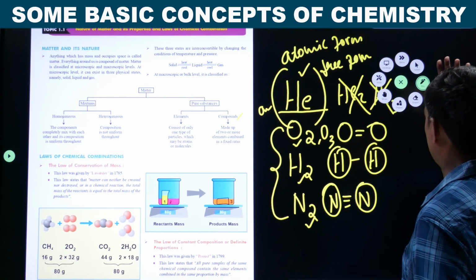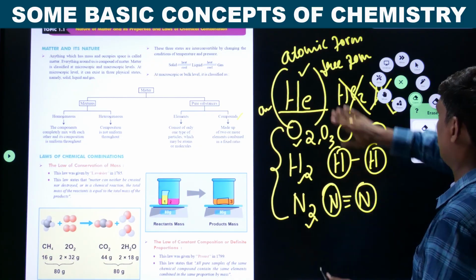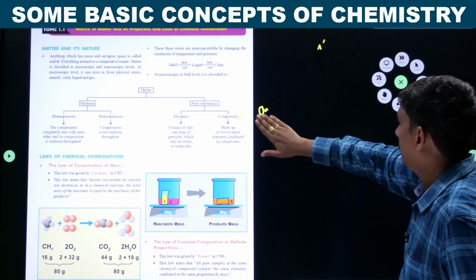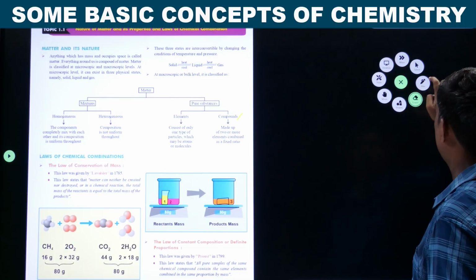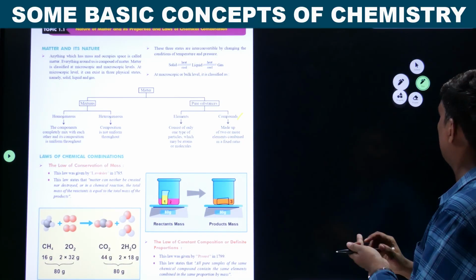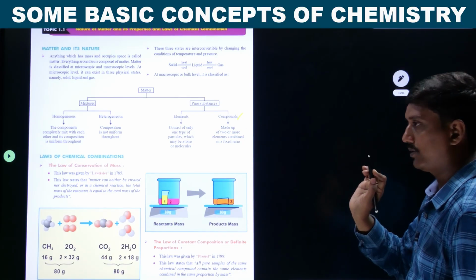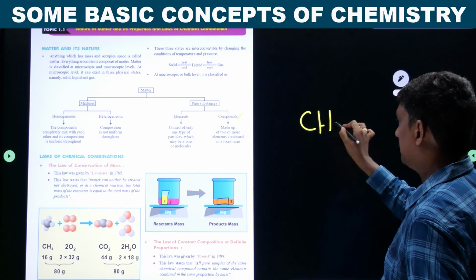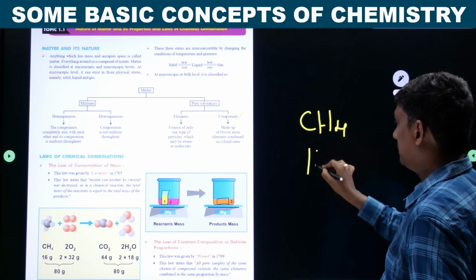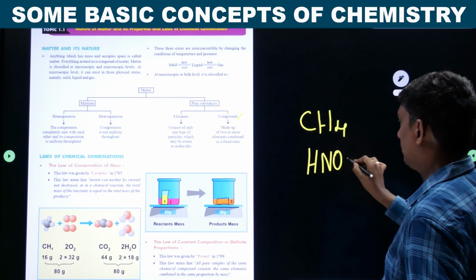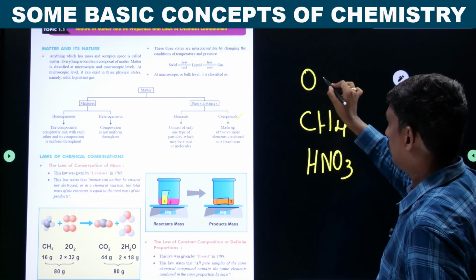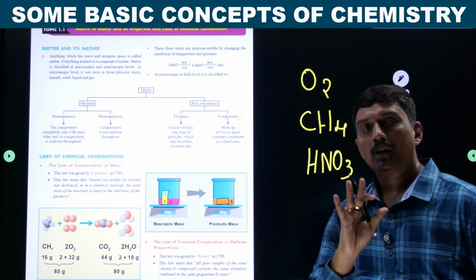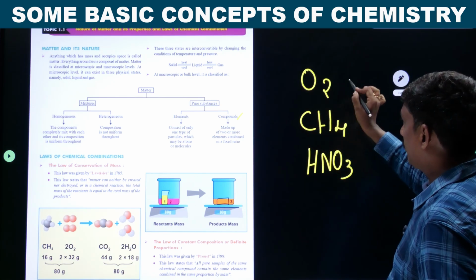So what is the meaning? Take a simple example. You will come to know very easily. See, compounds: CH4, HNO3 and O2. Take these three examples. In the first case, I have written O2.